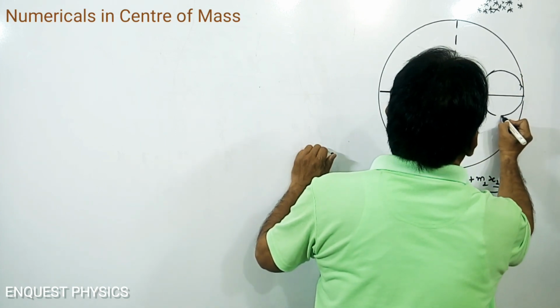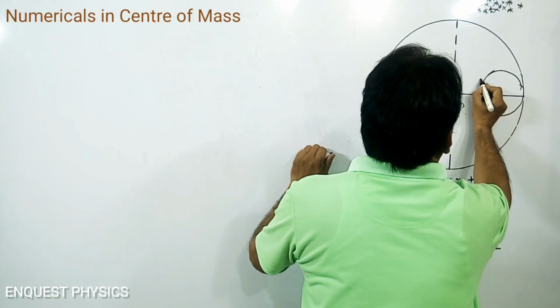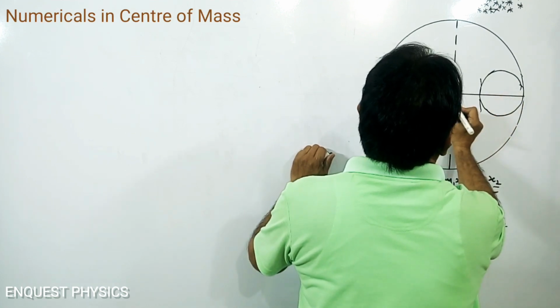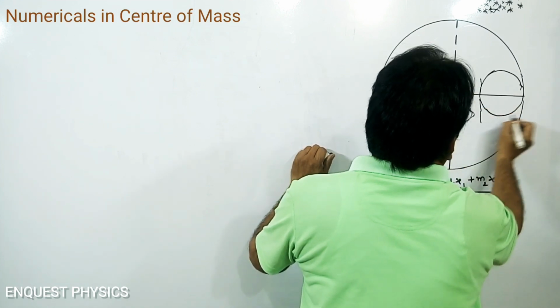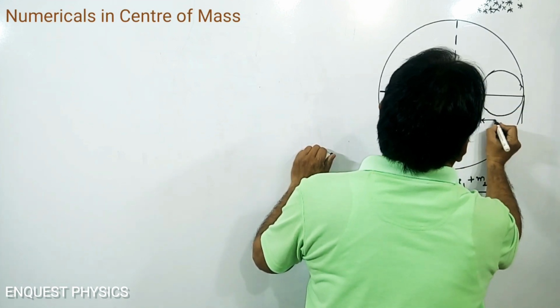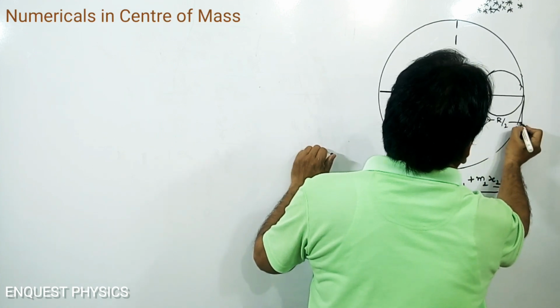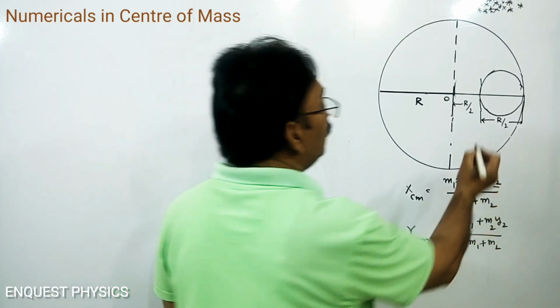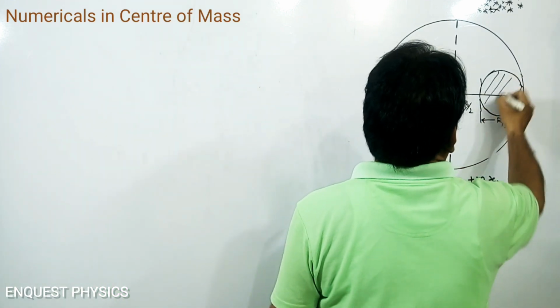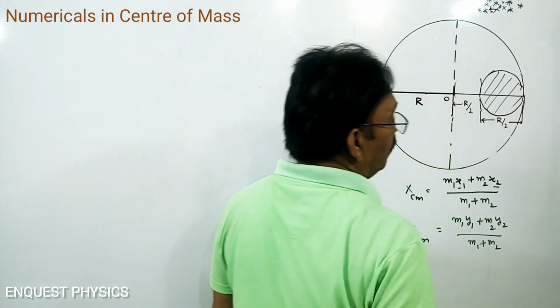Okay students, here it is r by 2 and this entire length, it is also r by 2. Maybe the diagram is not well. Okay students, this portion we are removing. How the center of mass will change?